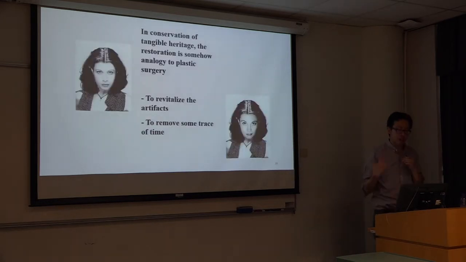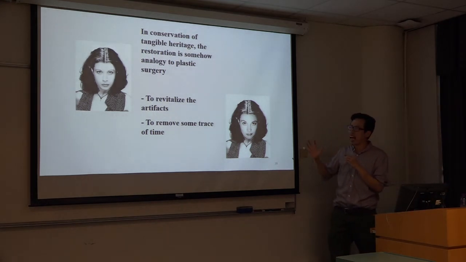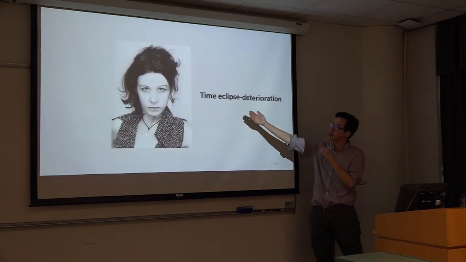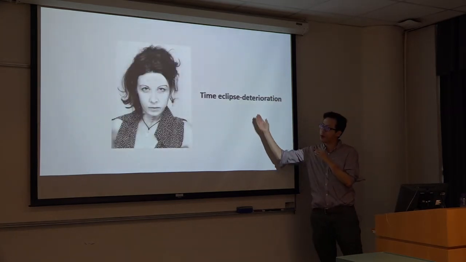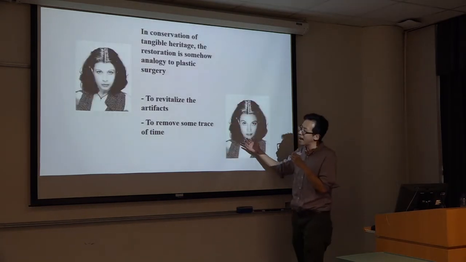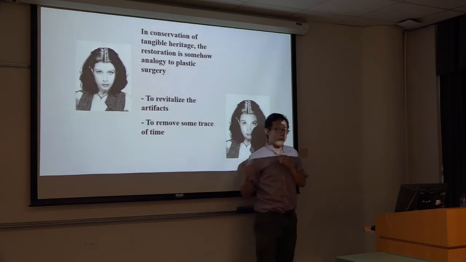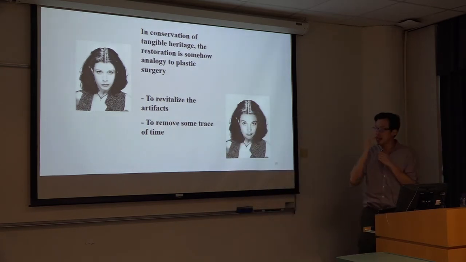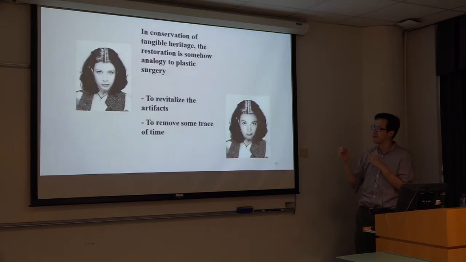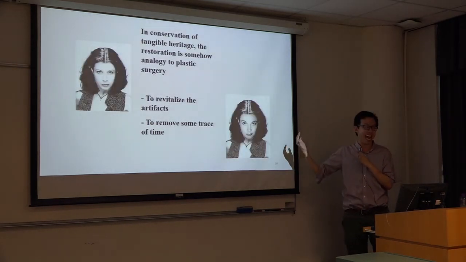For cultural heritage conservation, using a not that correct analogy, we are trying to reverse the time process, reverse the time erosion process, and bring the youth back to the face and make this old-looking lady look new and pretty again.